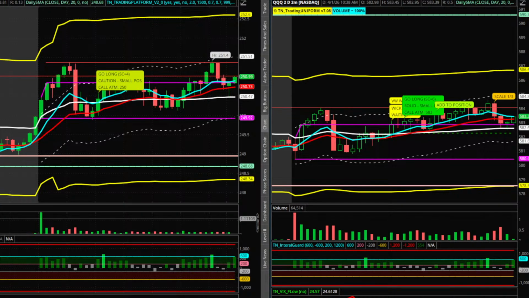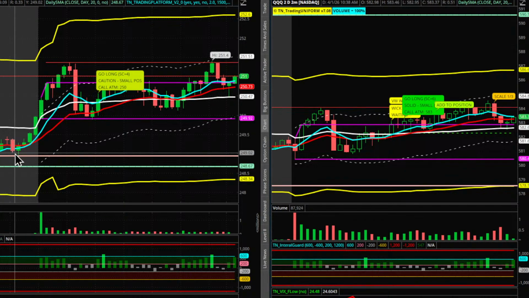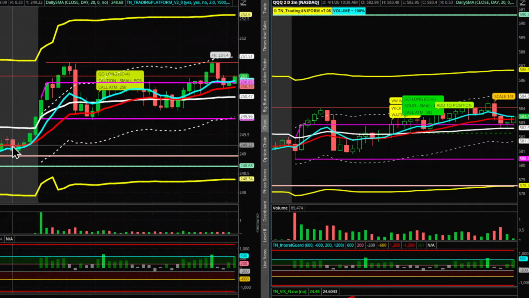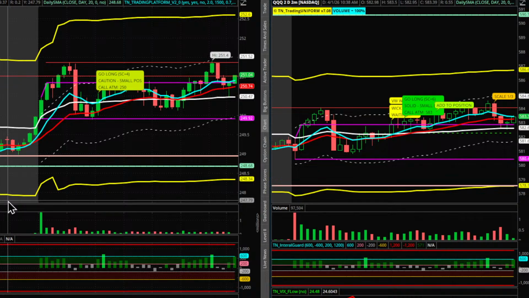Yeah, look like it's holding VWAP here, IWM. Is it going to try to retest the session high again? Yeah, IWM looks stronger than QQQ today for some reason.